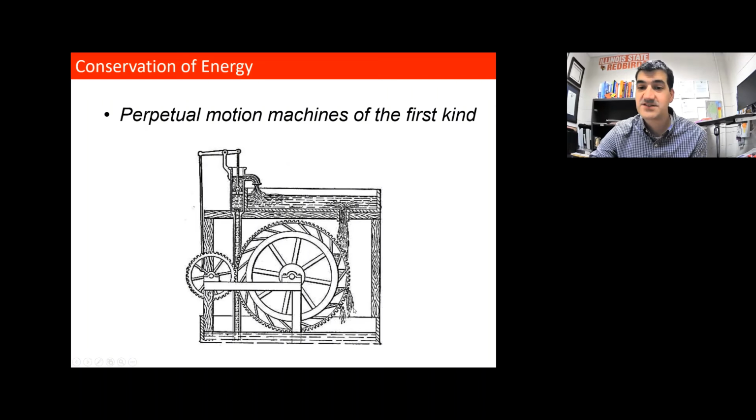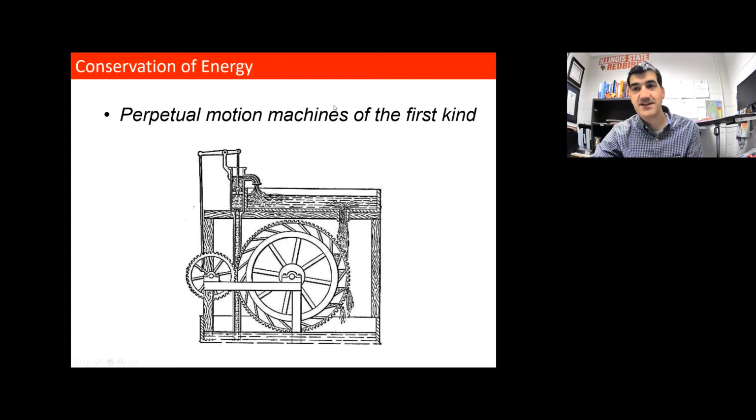So that when it spills from here to here, that is potential energy that is being lost by the system because this system is not recovering any of the potential energy that is lost as the water falls out between right here and right here. So that's not being converted into kinetic energy of this wheel, and therefore that's not being converted into this wheel, and that's not being converted by the pump into raising that water from the lower reservoir to the upper reservoir.